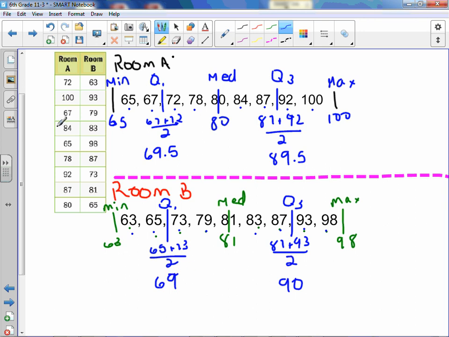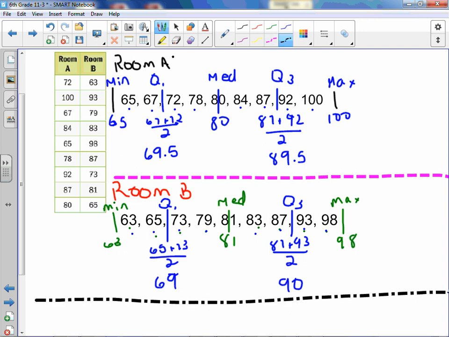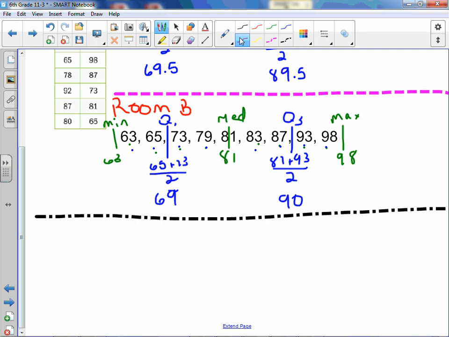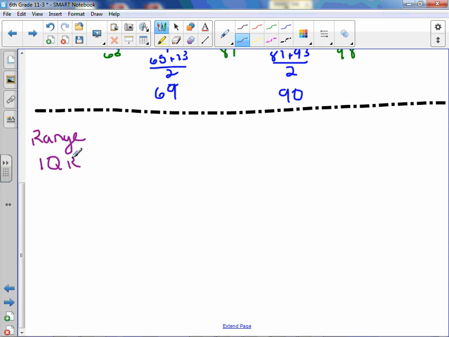Okay, now that we have these listed out, we need our measures of variation. And our measures of variation, we've got range, interquartile range, we have our first quartile, our median, and our third quartile.